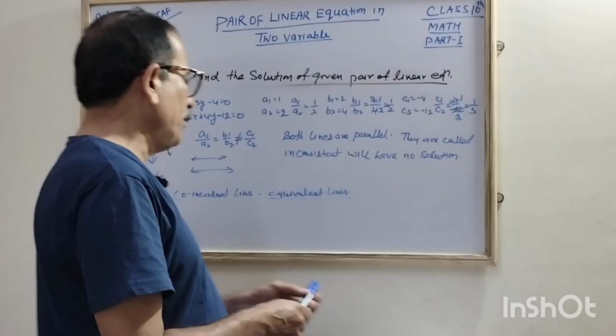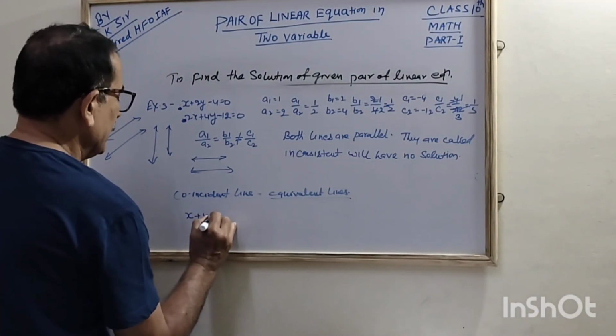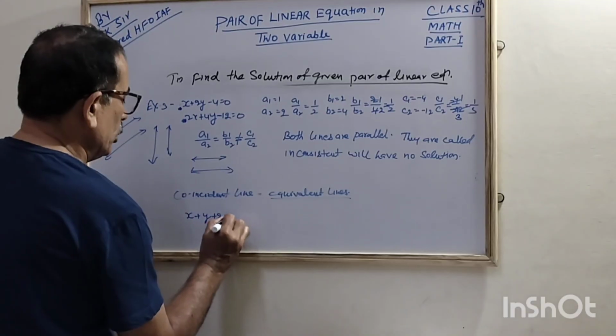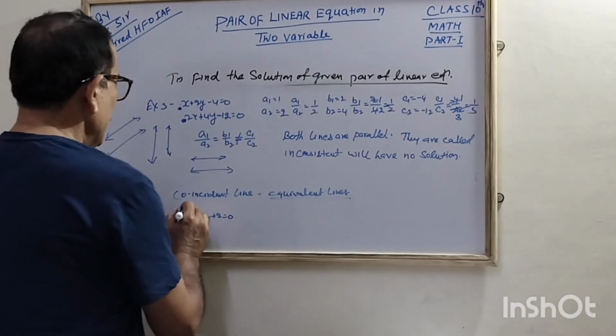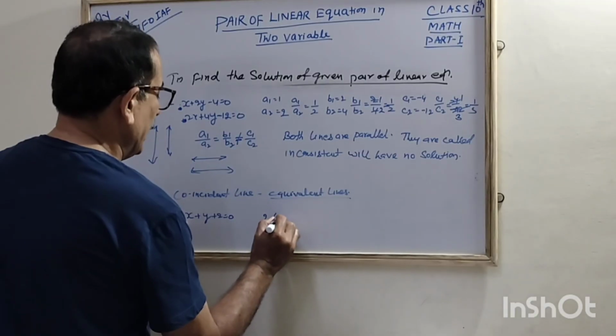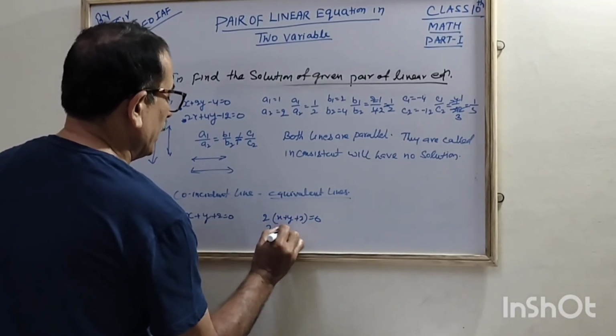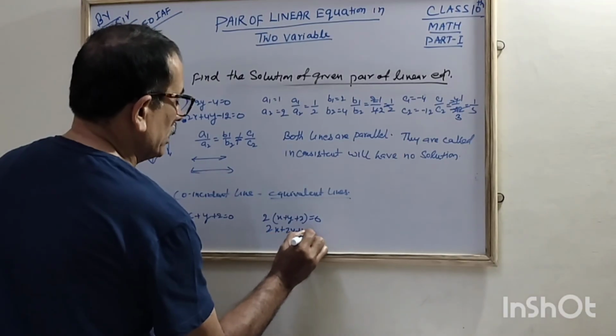I will give you an example. Suppose x plus y plus 2 is equal to 0, its equivalent will be, if you multiply by 2, 3, anything, then it becomes 2 into x plus y plus 2 is equal to 0. So 2x plus 2y plus 4 is equal to 0, correct?